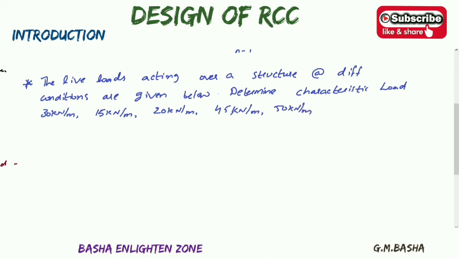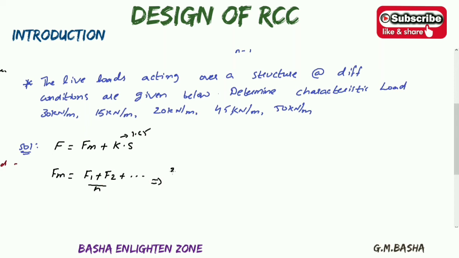What we have to find out here? So our solution: we are going to find characteristic load which is F. That one will be equal to Fm plus K into S. We all know K value is a constant which is 1.65, and for finding Fm, what is the procedure here? F1 plus F2 plus so on, by N. So that is the formula I told you before.